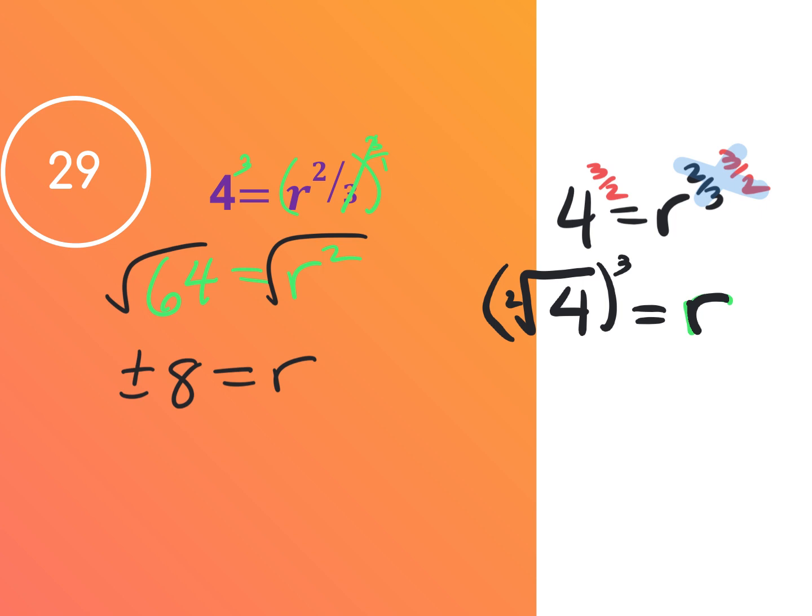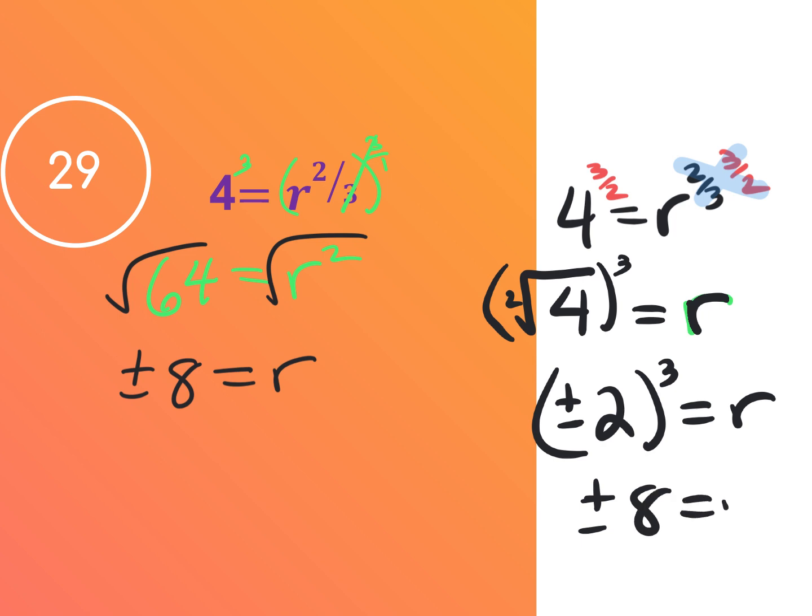So the square root of 4 would have been plus and minus 2, and then raise both sides to the third power, and that's how you get plus and minus 8. So you can do it either way. Now, I'm probably not going to give you something super huge, but again, always try to do the root first if possible. Sometimes you can't.